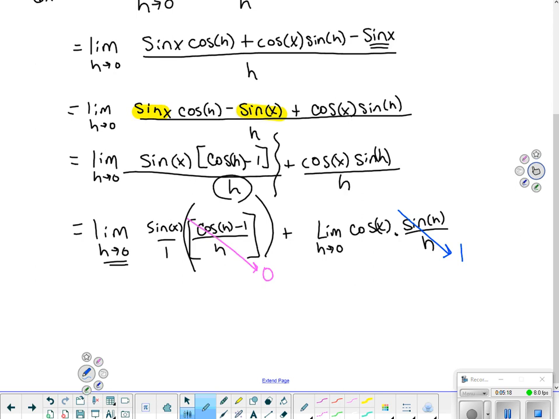So we had a lot happen here. First off, you'll notice that this whole first term, if I have 0 here and here, 0 times anything is going to give me 0.